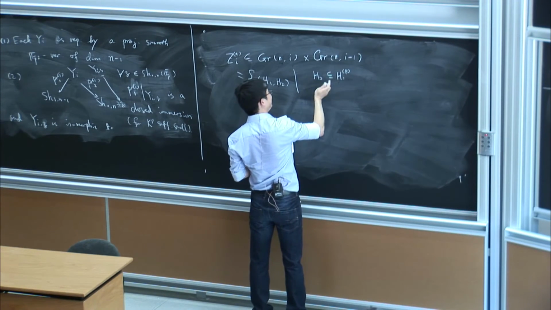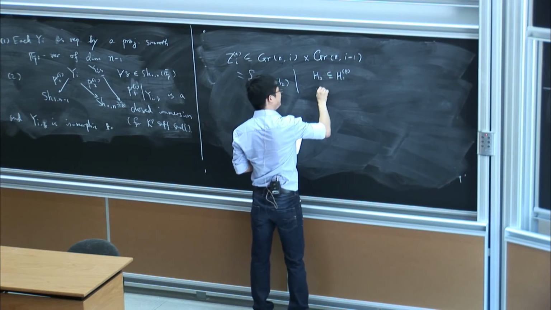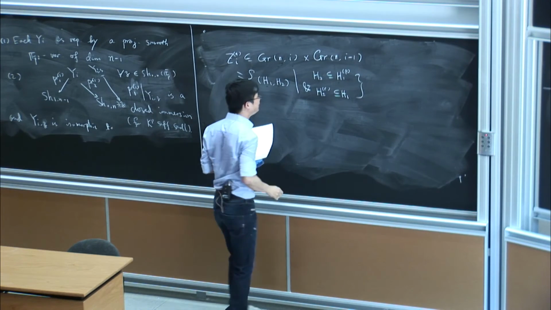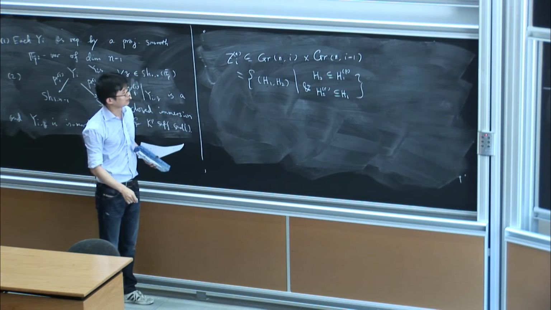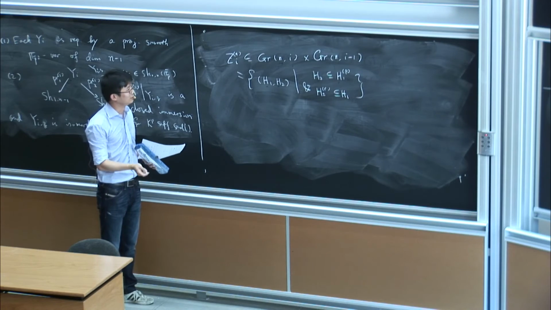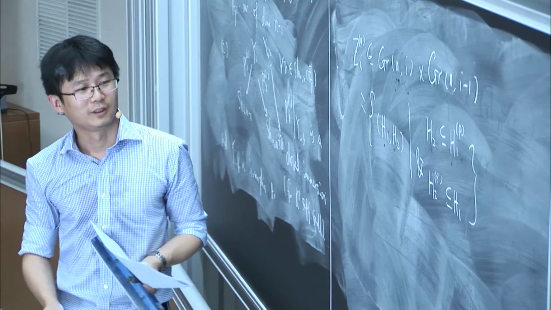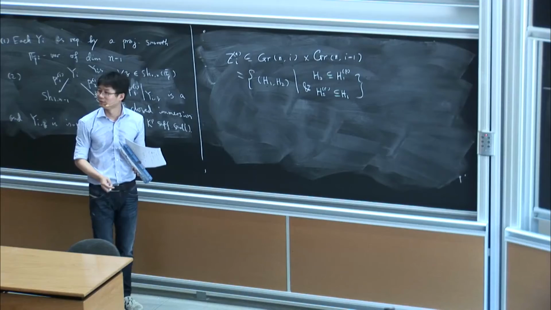We require that it contains H_2, and if you take the Frobenius twist of H_2, you require that it's a local direct factor of H_1 as well. Okay.